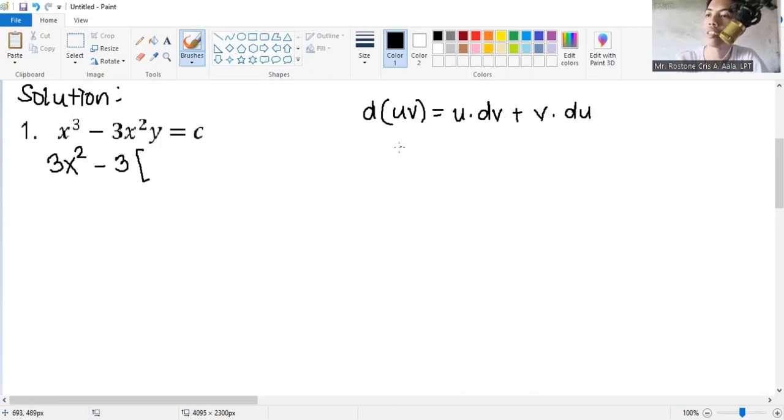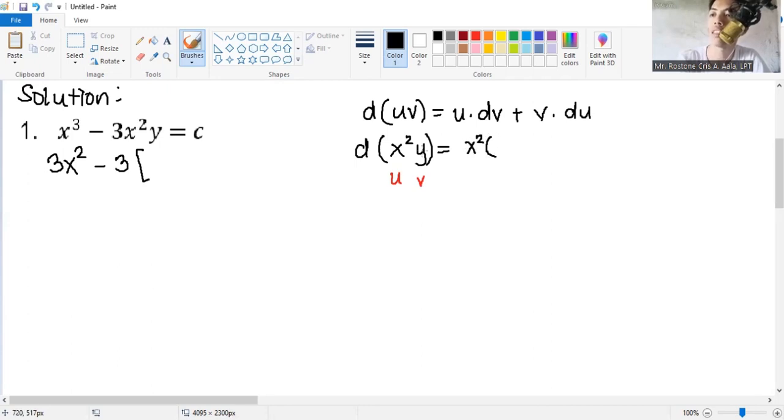So, in this case, we have x squared y. So, our u here is x squared and our v is y. So, ibig sabihin, gagamitin natin ang product rule para makuha ang derivative ng x squared y. So, ano ba yung ating u? That is x squared.